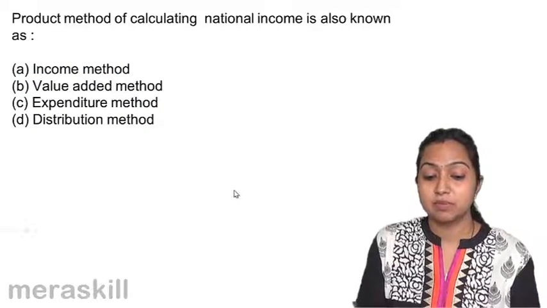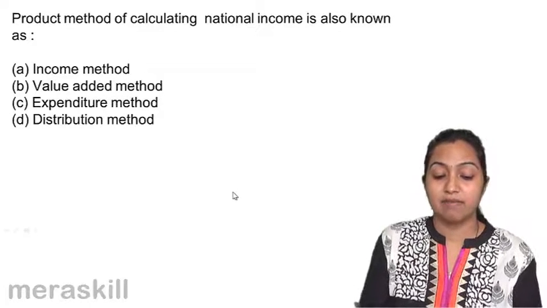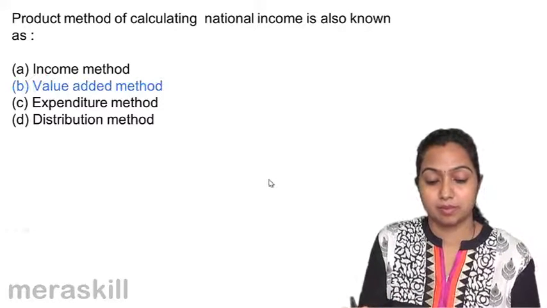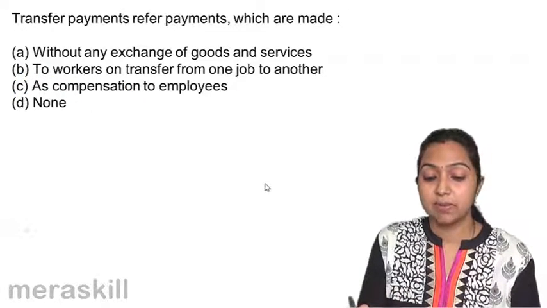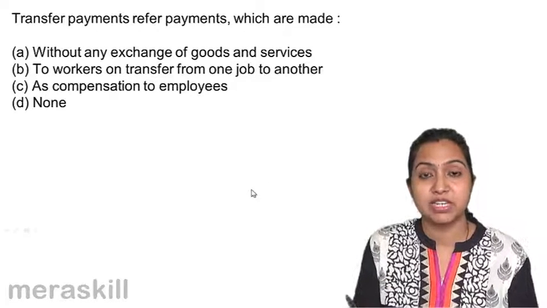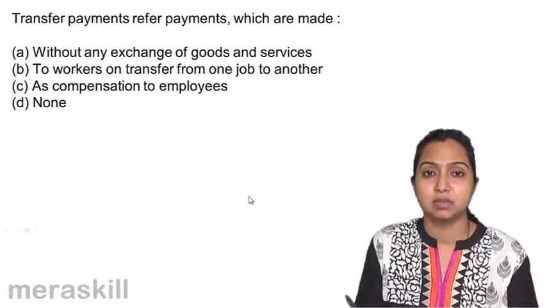Next, the product method of calculating national income is also known as the value added method. Transfer payments refer to payments which are made. Remember when we had taken up transfer payments, when we were talking about personal income?